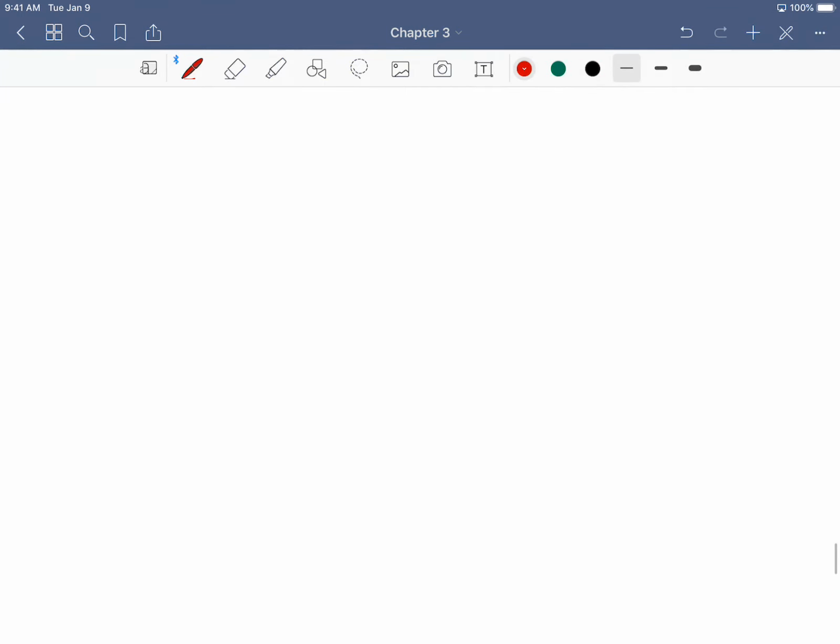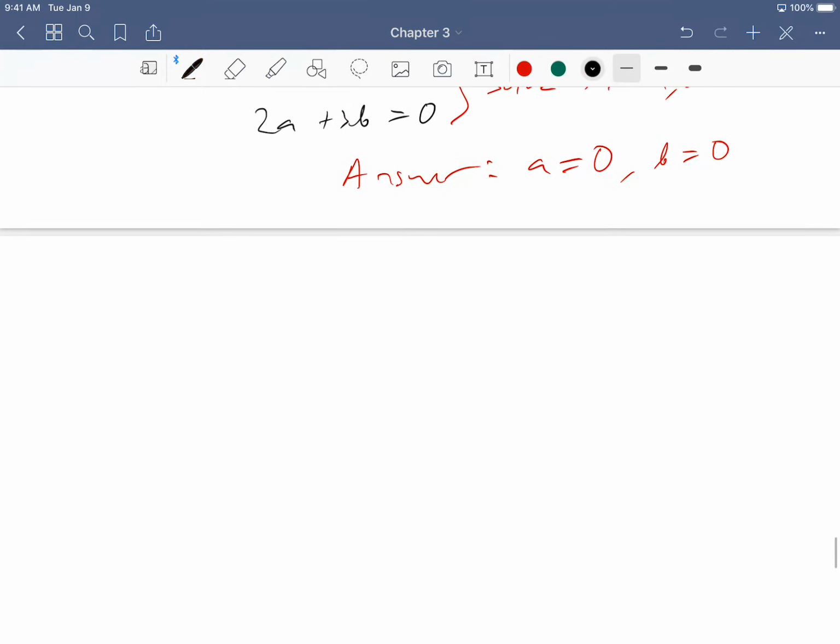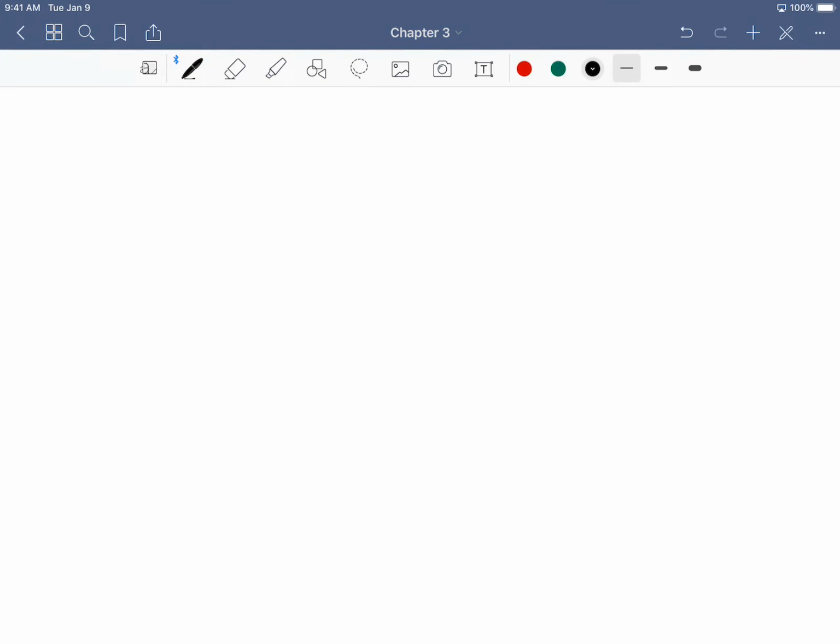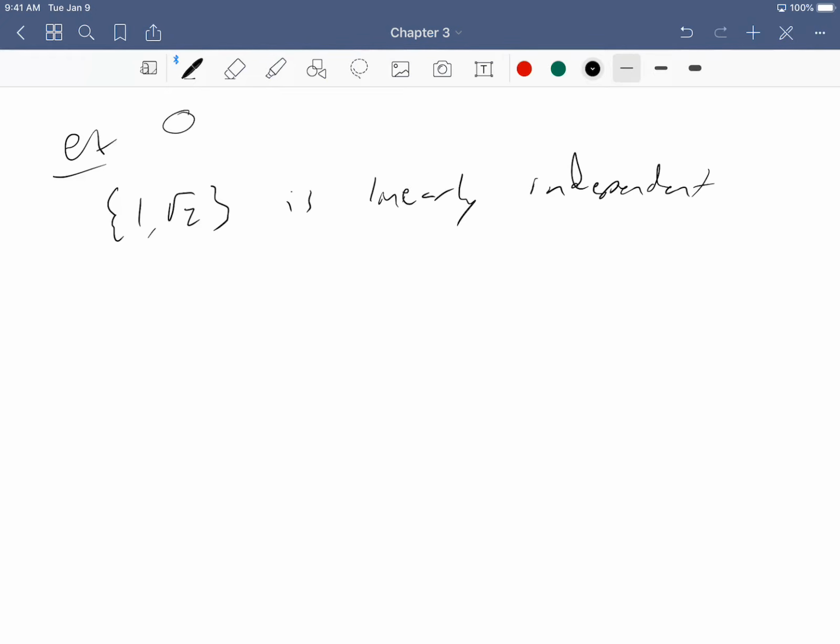All right, so here's another linearly independent set. The set {1, root 2} is linearly independent, and we're in this setting of thinking about Q(root 2) as a Q vector space.